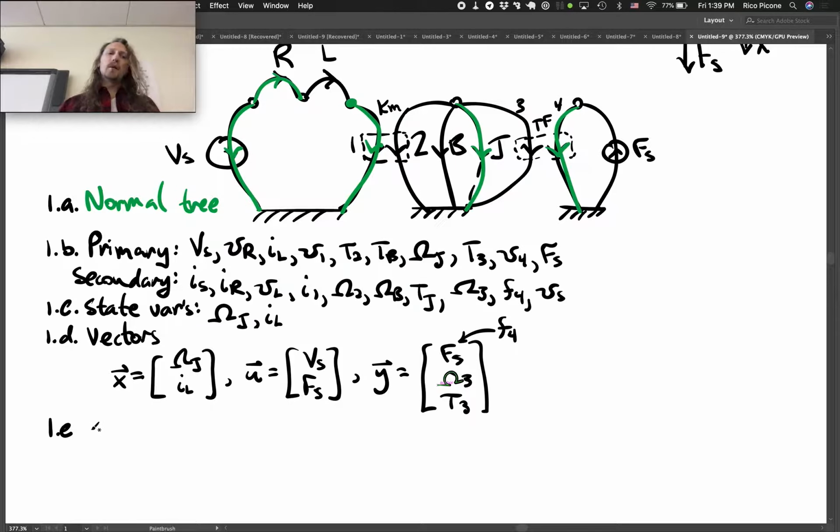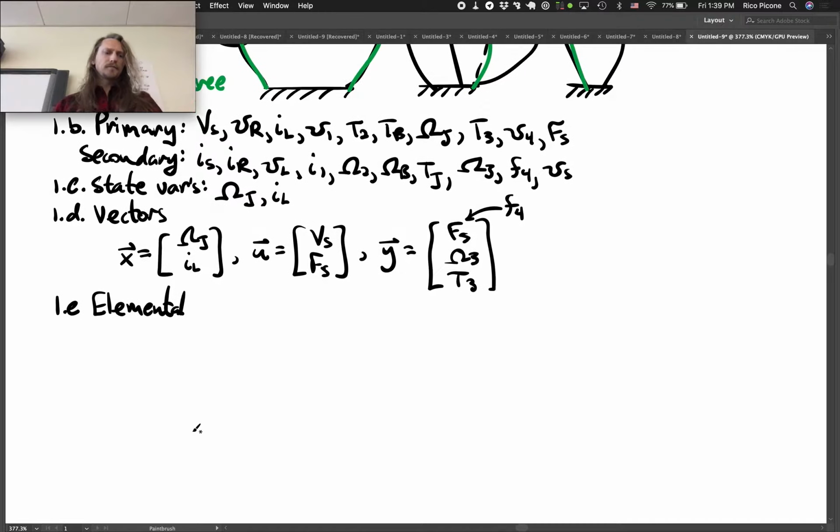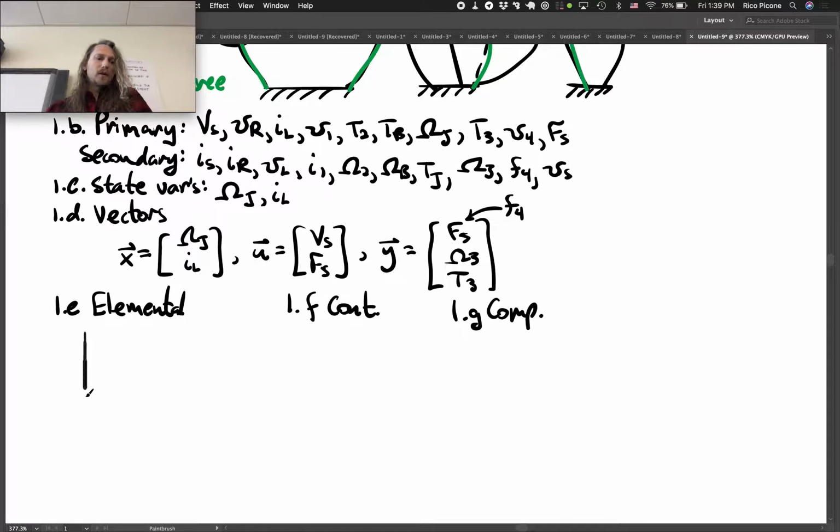E. So we have our elemental equations, and we'll also do our continuity equations and our compatibility equations. So elemental equations, passive elements. We'll put the two energy storage elements at the top.